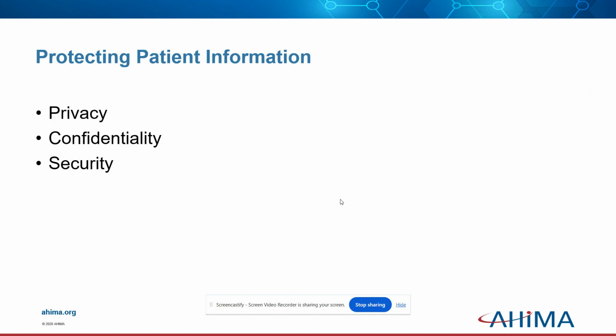Looking at a level of privacy, we think about this as an individual's right to control access to their own personal information, which would include that health data. And so the question here is, who has the right to access the information, which ultimately ensures patient autonomy over their personal data.